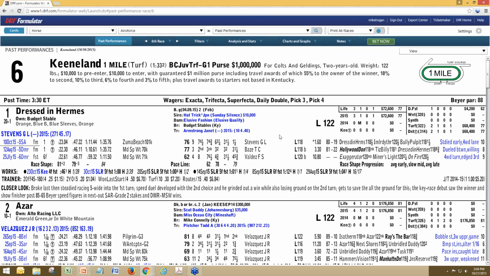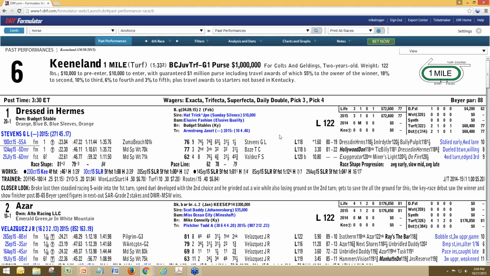Pace figures are exactly the same for the fractional times. It incorporates run-up distances before the timing beam is actually triggered, which can be dramatically different at different distances at different tracks. It takes into account configuration situations at some racetracks that can make fractional time slower at some distances than others.